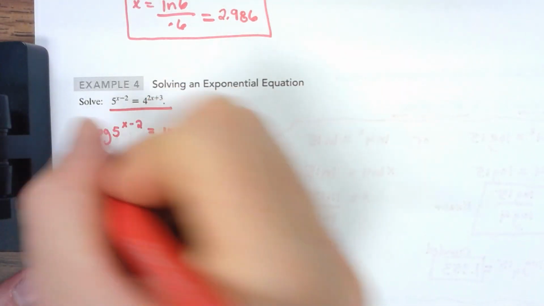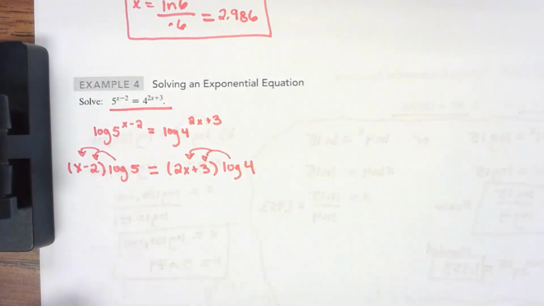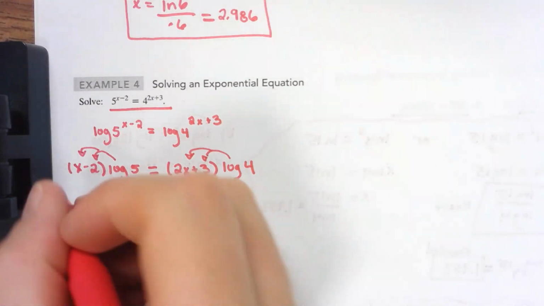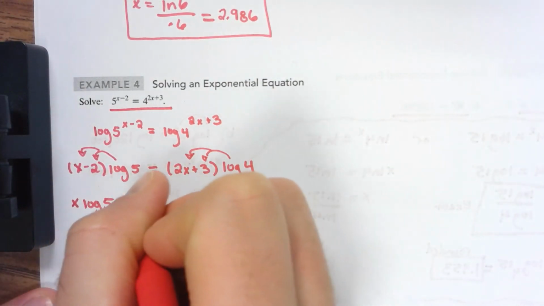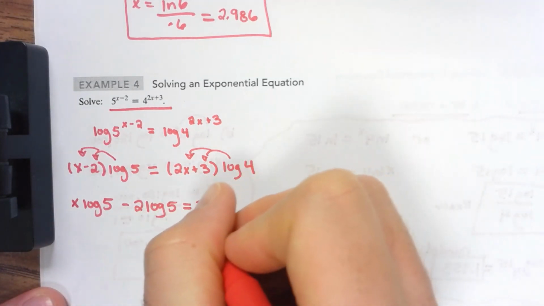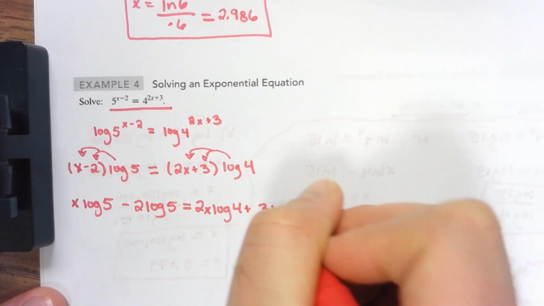So we're going to distribute log 5 and log 4. We're going to end up getting a lot of terms here that involve logs. Again, it's just a number, but this is how we can keep our answers exact. So this is x log 5 minus 2 log 5, and it equals 2x log 4 plus 3 log 4.